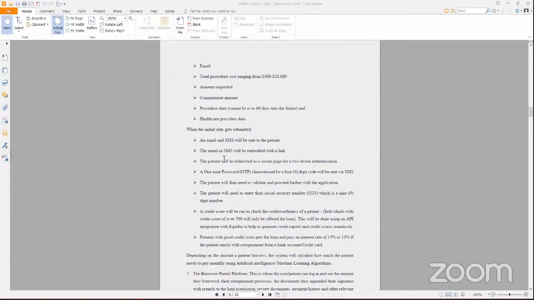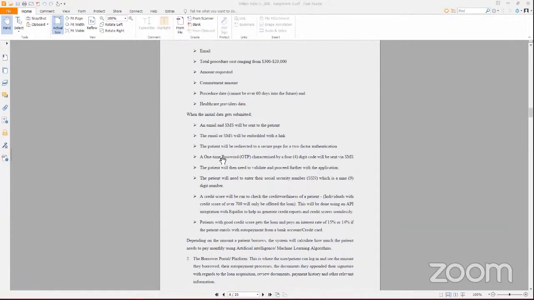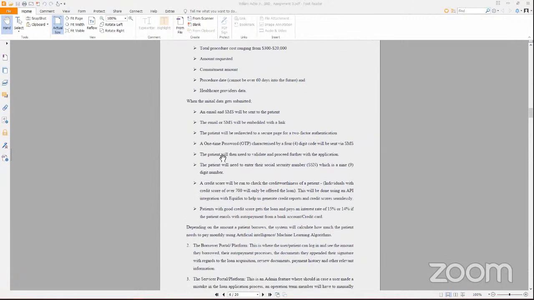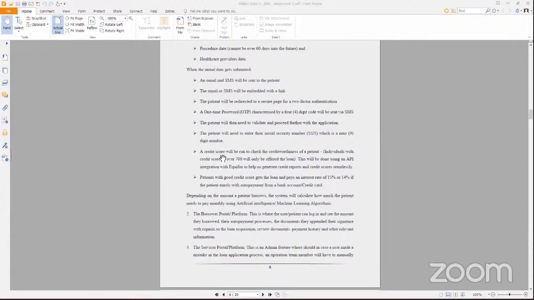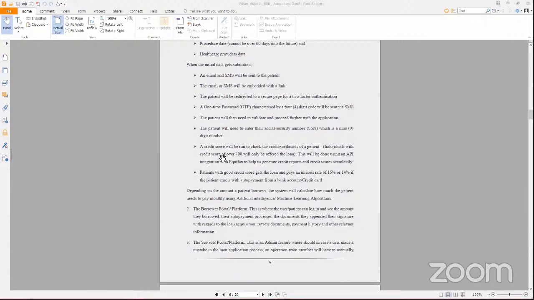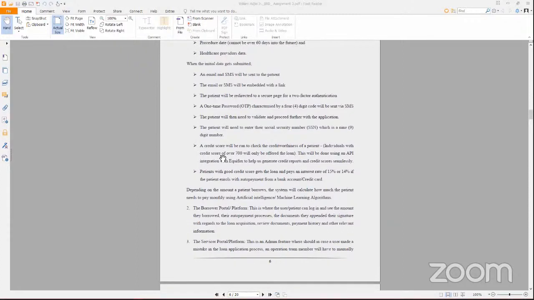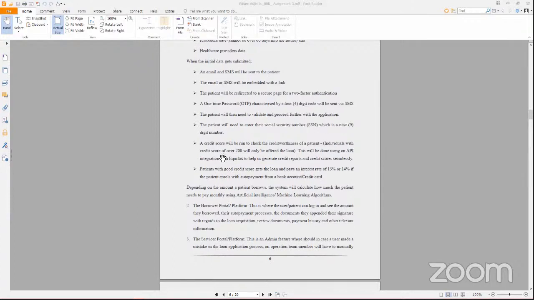When the initial data gets submitted, an email and SMS will be sent to the patient. The email or SMS will be embedded with a link. The patient will be redirected to a secure page for two-factor authentication. A one-time password will be sent via SMS, and the patient will need to verify and proceed further with the application.